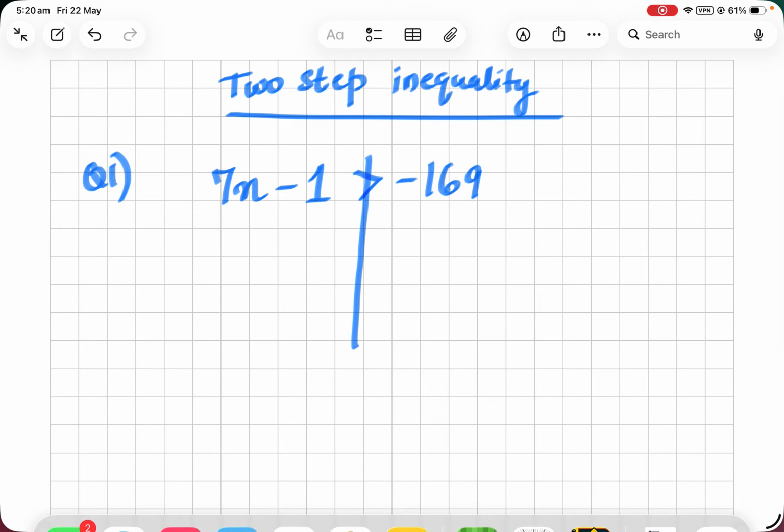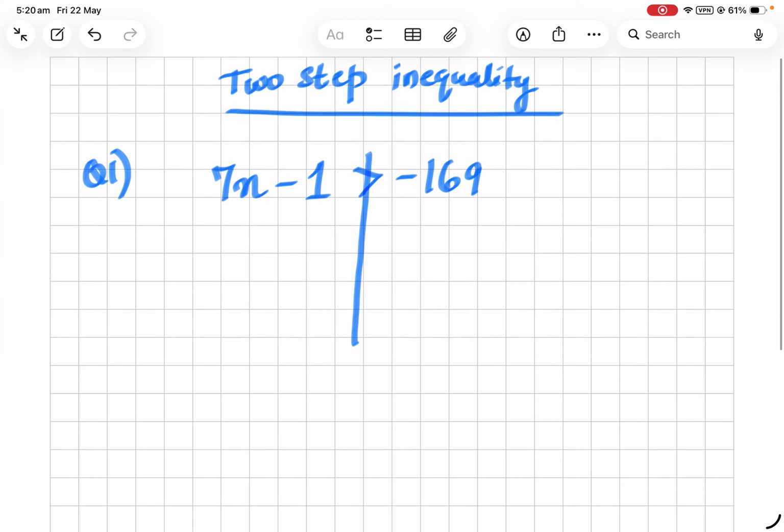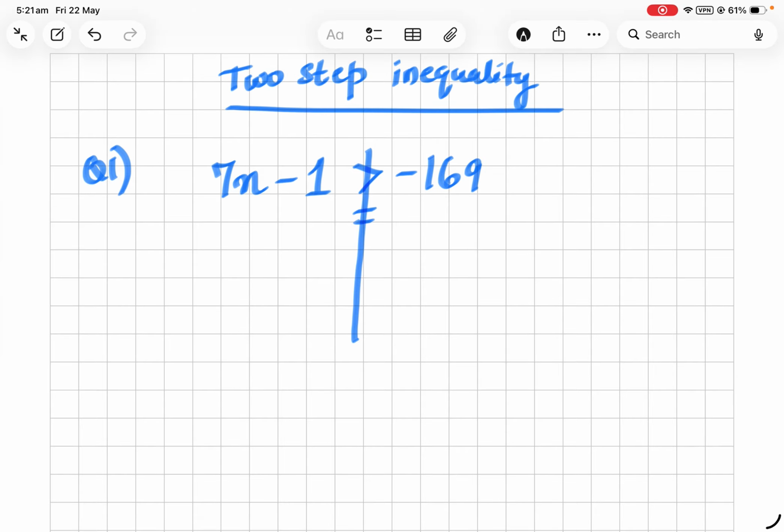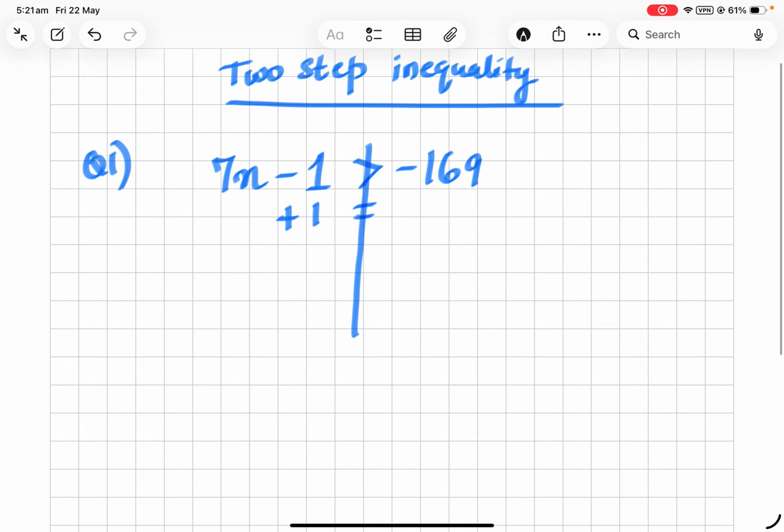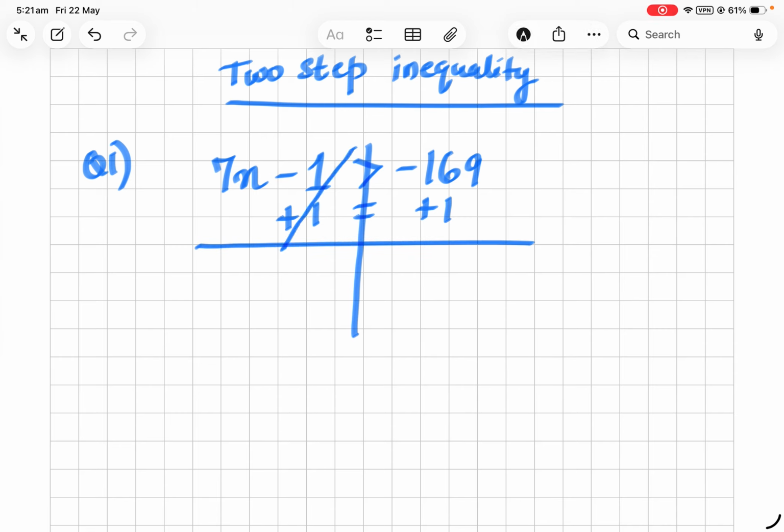If you're struggling with inequalities and it looks different, just treat it like an equal sign, and remember to replace the equal sign at the end with the symbol. So we take the numbers to the right. Whatever you do on one side, you have to do on the other side. So a negative and a positive cancel.